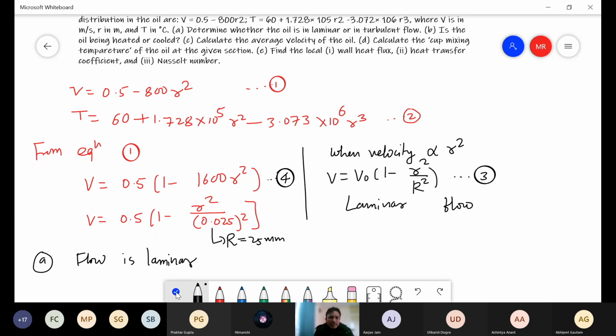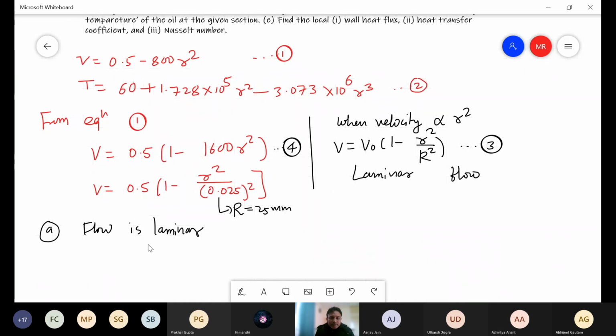Now the second question is: is the oil being heated or cooled? What do you say? Which one is true?